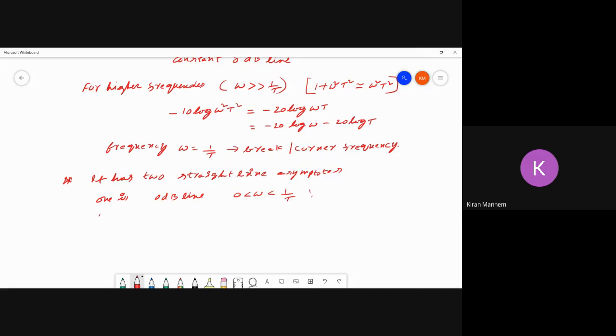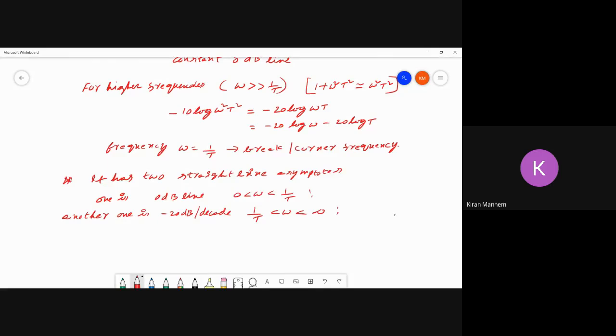Another one, I'll write it, is the minus 20 dB per decade asymptote. That is for 1 by t less than omega less than infinity.